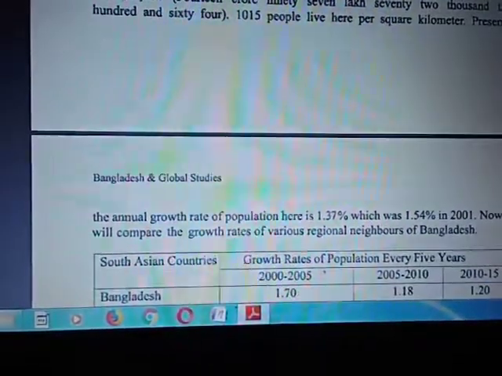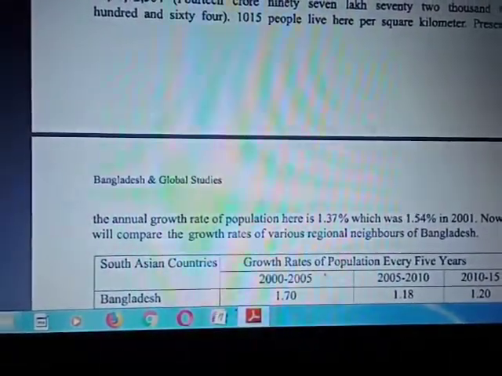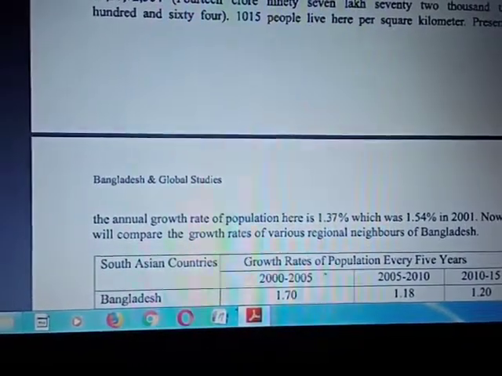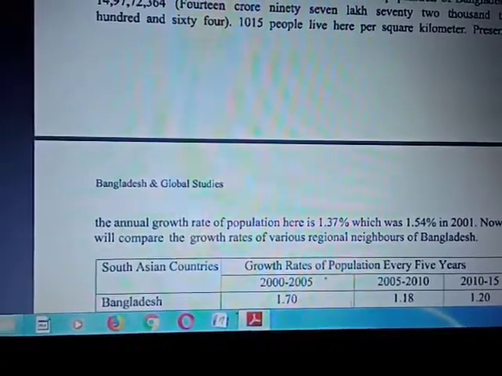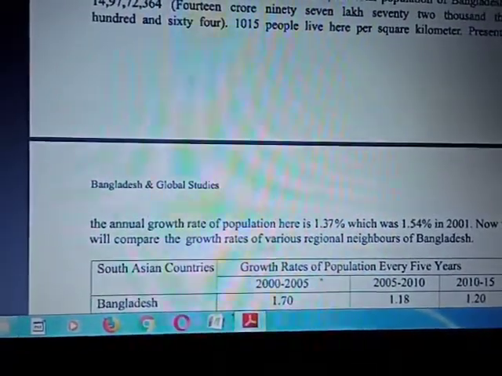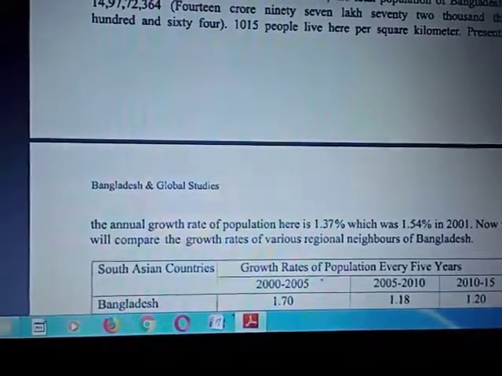Its area is 1,47,570 square kilometer. According to the census 2011, the total population of Bangladesh is 14 crore 97 lakh and 72,364.